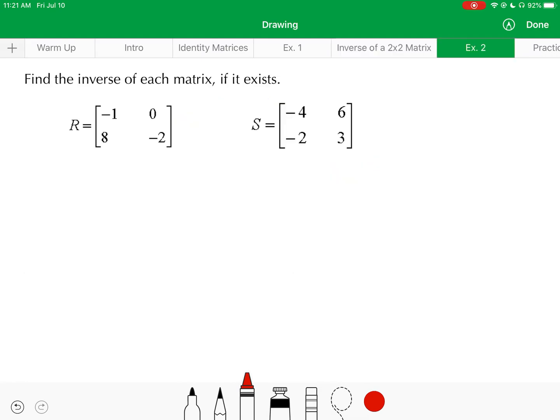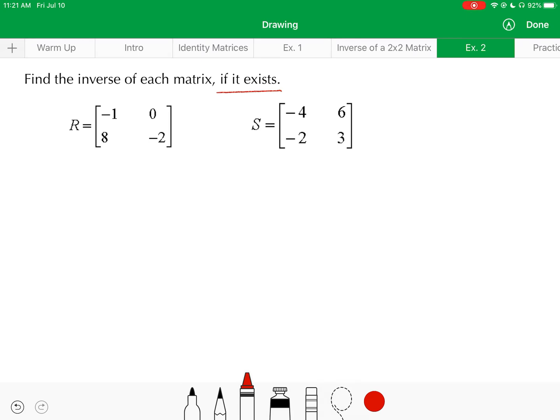All right, so now let's put this at play with a couple examples. So notice the directions. Find the inverse of the matrix if it exists, okay? And we have to put that in there for the simple fact of if the determinant of the matrix is 0, we know that the inverse will not in fact exist, okay?